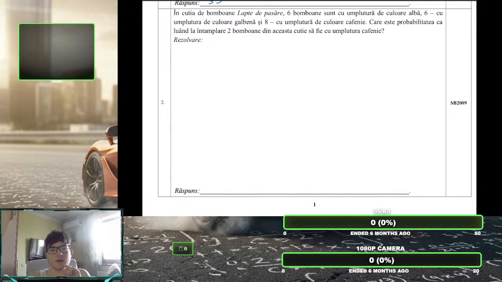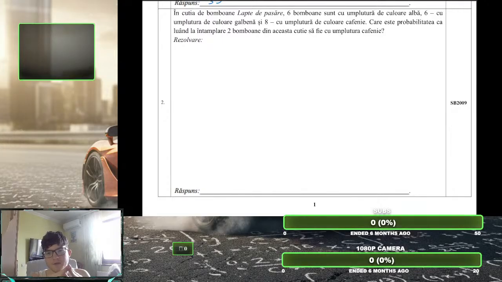This is 2009. Right here. There is a candy box, and in it 6 candies are white, 6 are yellow, and 8 are brown.